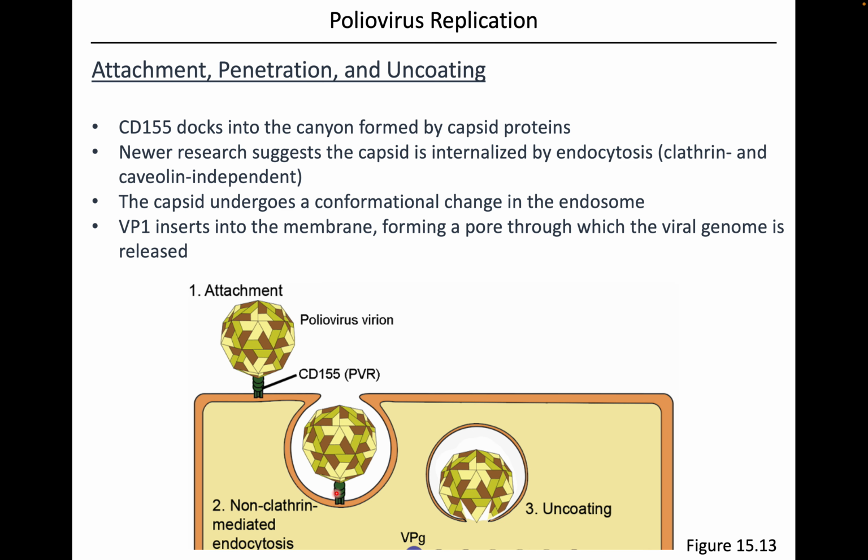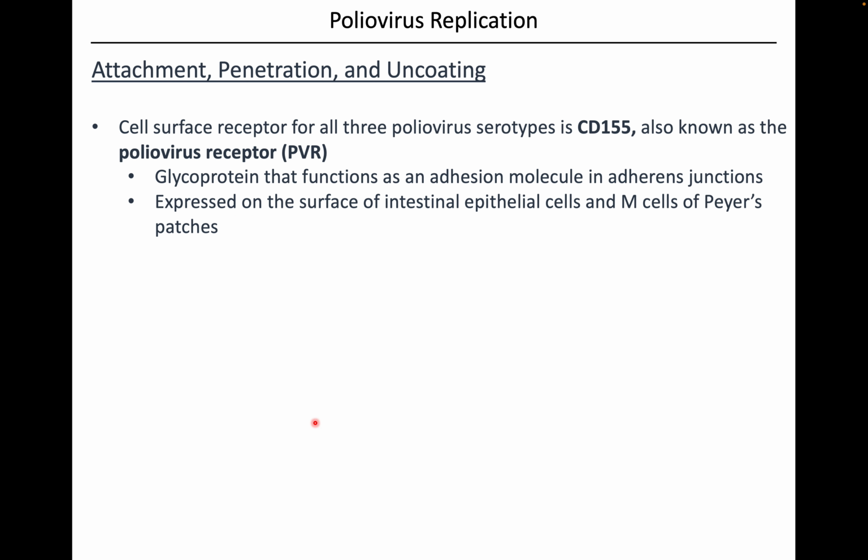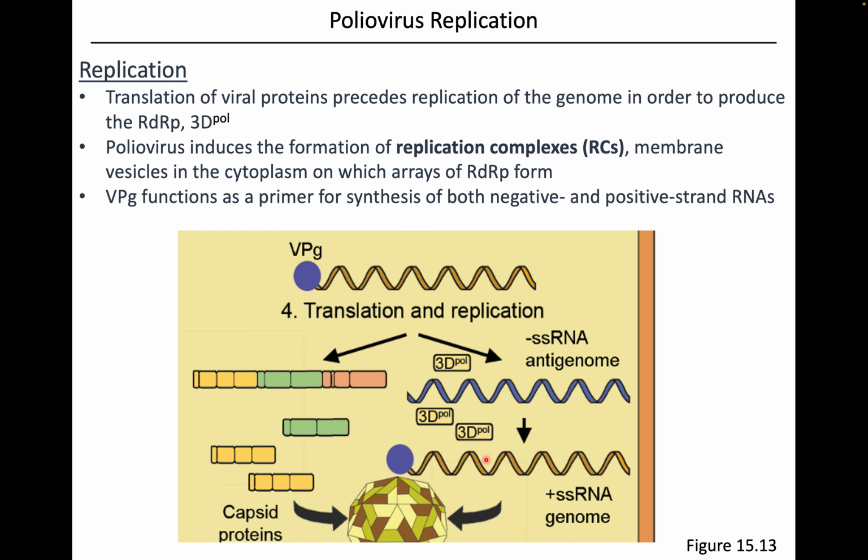And then the VP1 protein, so let me go back, this guy, is going to insert into the endosomal membrane, creating a pore, and then the viral genome is going to get out into the cytoplasm, as you see here, with that VPg attached at the 5' end.